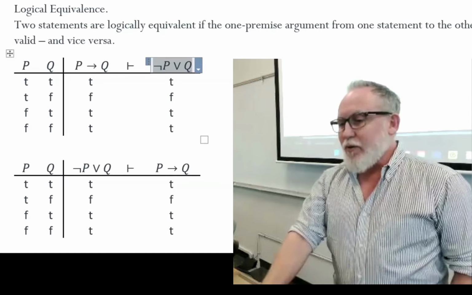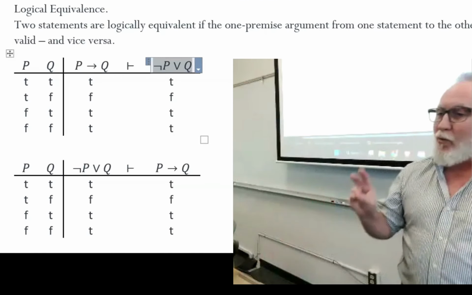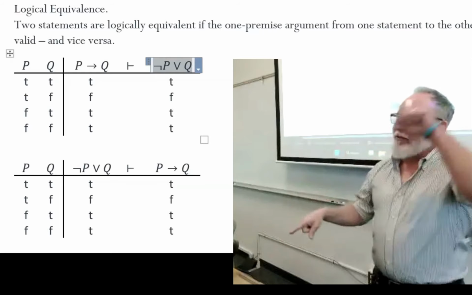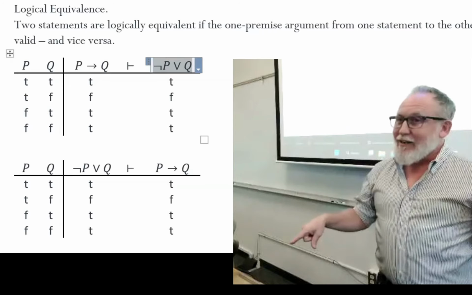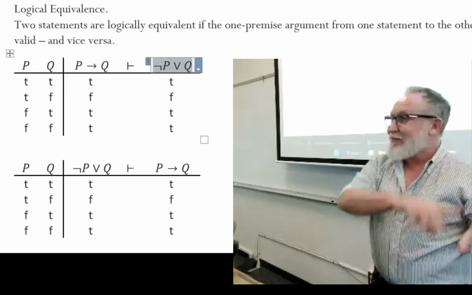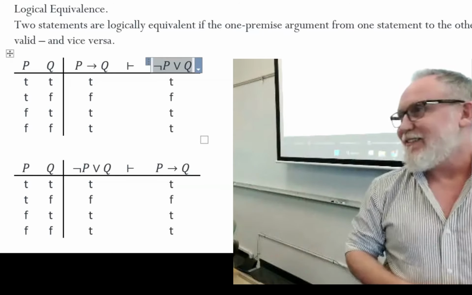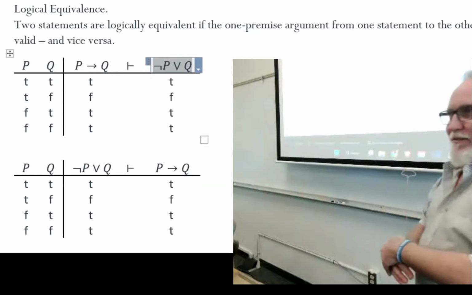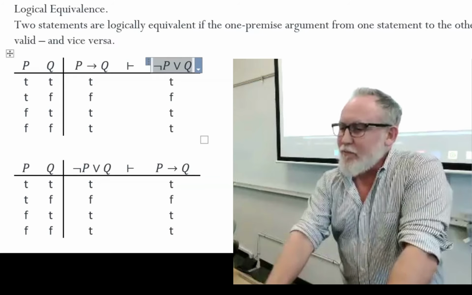Okay, now logical equivalence. Two statements are logically equivalent if the one premise argument from the one to the other is valid, and the argument from the other one to the first one is also a valid inference. It goes both directions. So here I'm going to use some different statements.